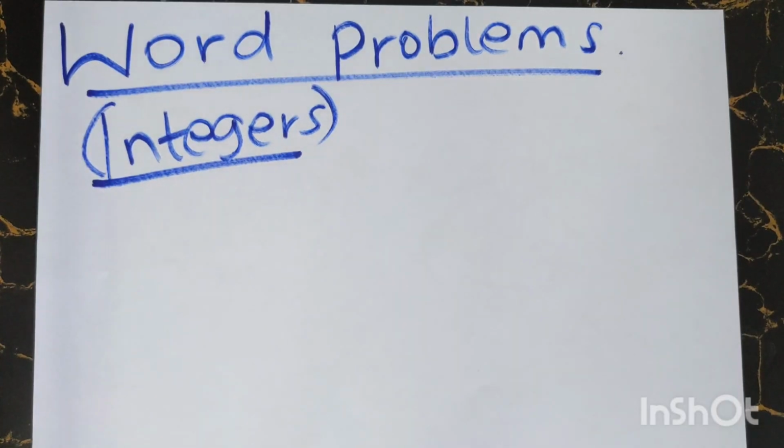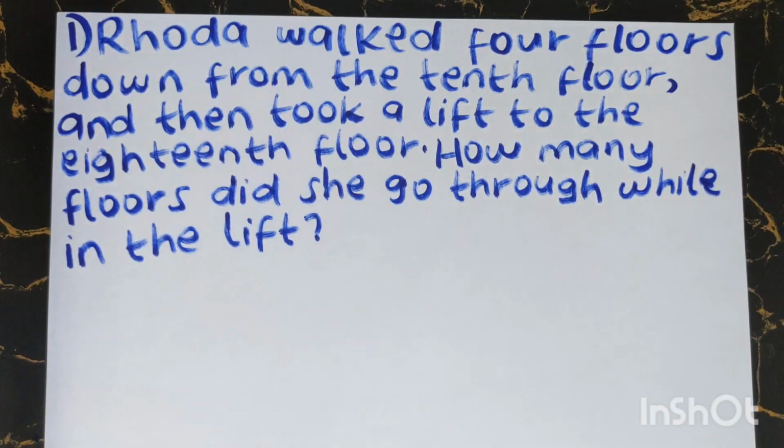Shall we begin? Rhoda walked 4 floors down from the 10th floor and then took a lift to the 18th floor. How many floors did she go through while in the lift? Okay? So we've been told that Rhoda walked 4 floors down from the 10th floor, okay?